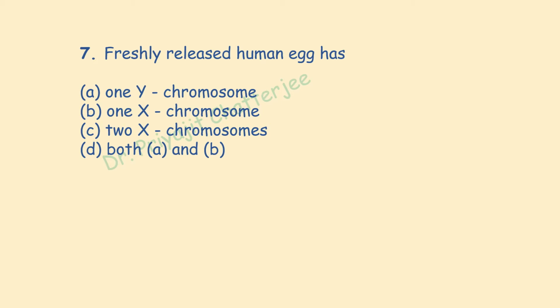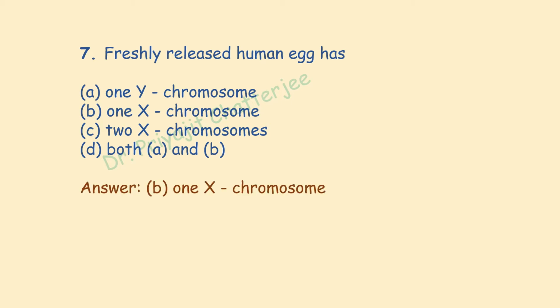The ovum is enclosed within a thick transparent envelope called as zona striata or zona pellucida, adhering to the outer surface of which are several layers of cells derived from those of the follicle and collectively constituting the corona radiata. So here the correct answer will be one X chromosome.